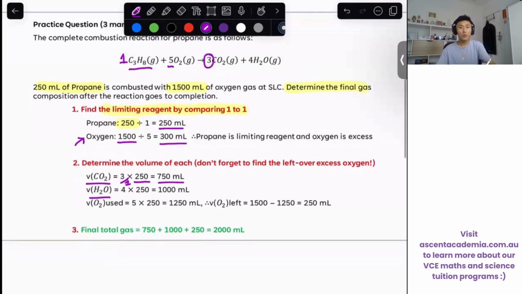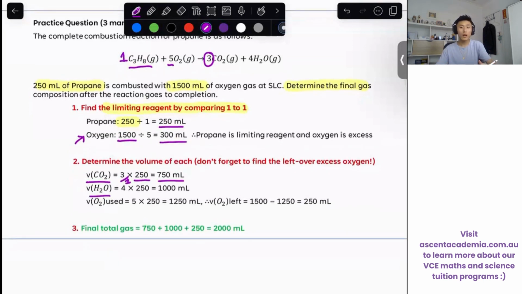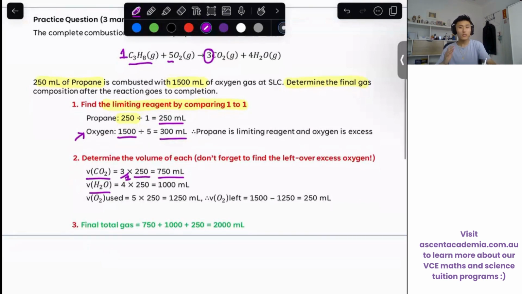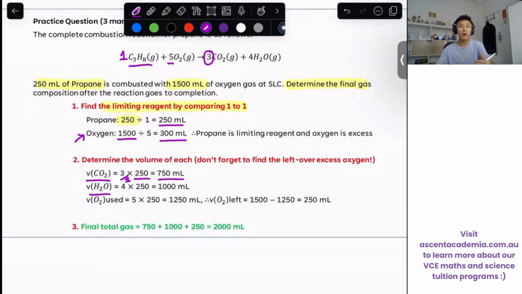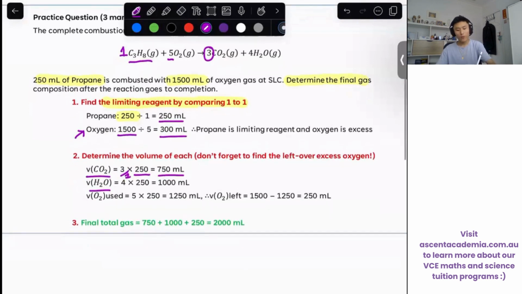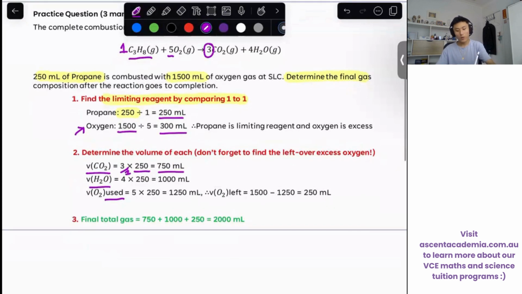Now the last thing we have to do is take into account that there is going to be leftover oxygen gas. This is because oxygen gas is our excess reagent. So first off, we need to find out the amount of oxygen gas used up. We know that the coefficient of oxygen is 5, and we know that there's 250 milliliters of propane.